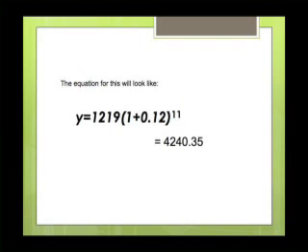We're going to get 4,240.35 birds. Now, of course, we don't get 0.35 birds, but then again, for our exponent, we're using years and not a more exact or continuously compounding exponential function.